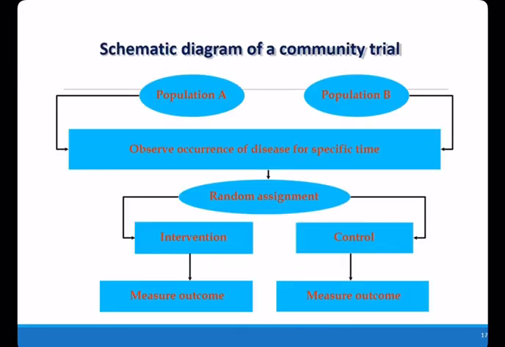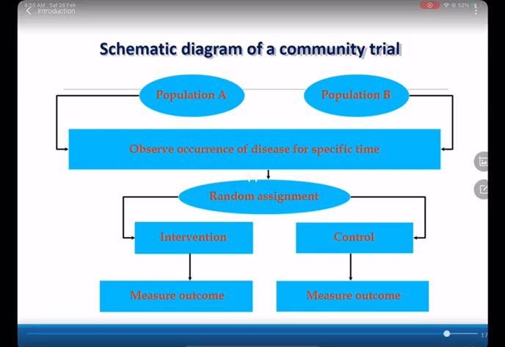Here we can see a diagram of a community trial, in which we have a population A and a population B, and we want to observe the occurrence of disease over a specific time. We then randomly assign population A and population B to the intervention group or the control group, and we measure the outcome of the disease.